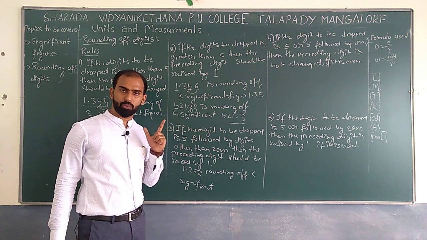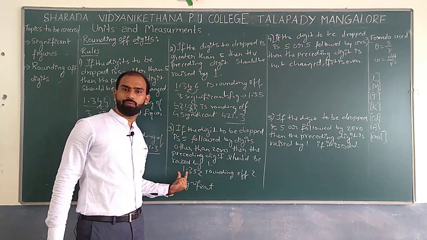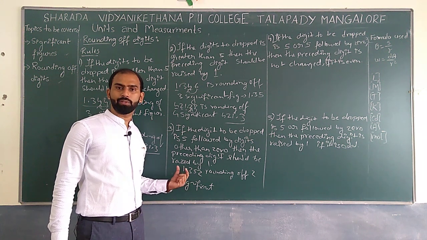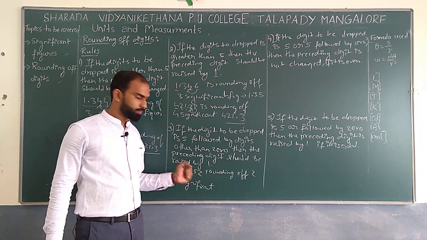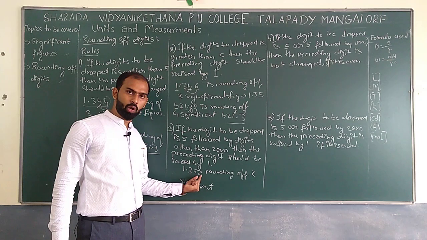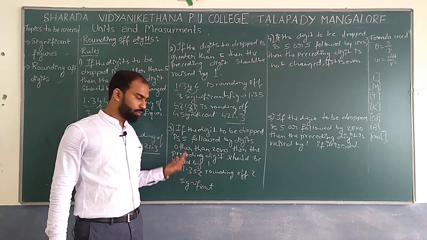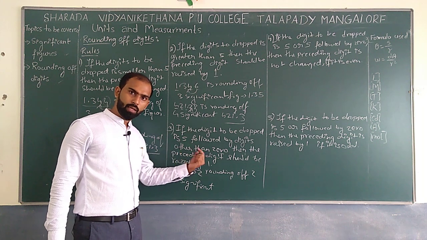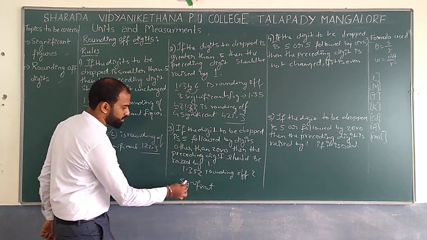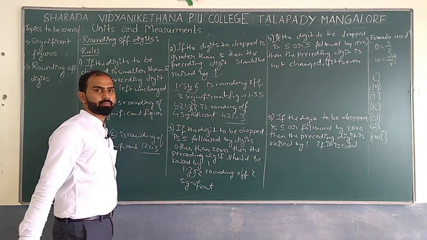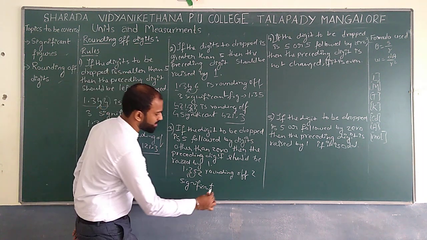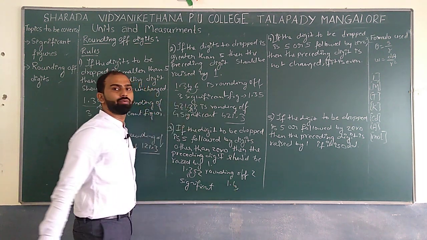So now what are we supposed to do? I need only 2 significant figures. The number which you are going to drop is 5, followed by a non-zero number, that is 2. In such a situation, what are we supposed to do according to our rule? The previous digit should be raised by 1. So the answer should be 1.4.